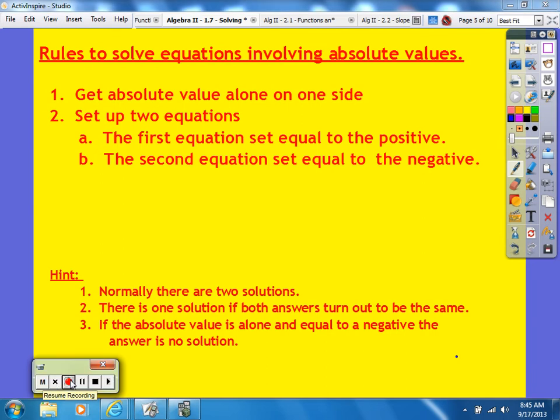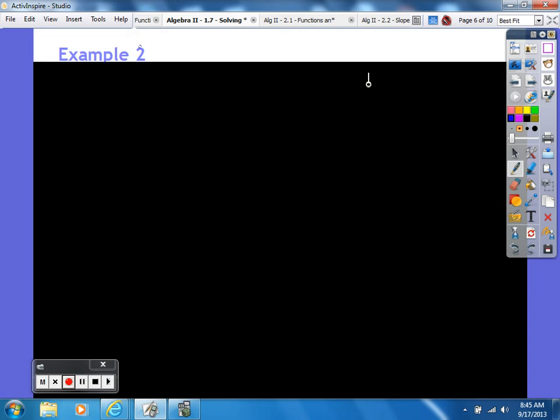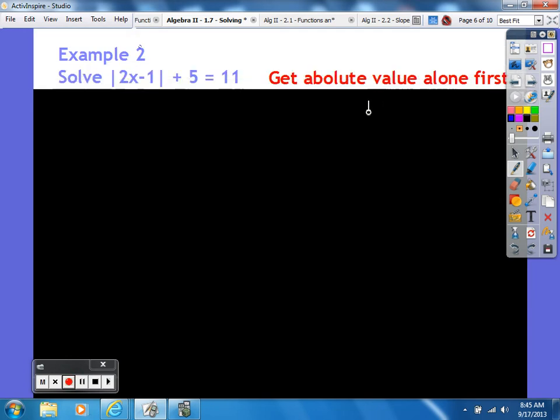So what we're going to do right now is I'm going to give you an equation. And we're going to take a minute, write it down. And then we're going to follow these steps to go ahead and solve it. So, let's see where my equation is. Right there. We're going to solve the absolute value of 2x minus 1 plus 5 equals 11.